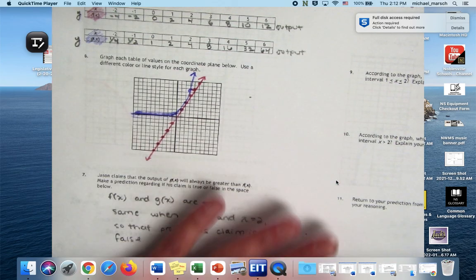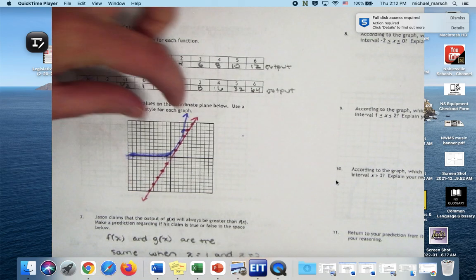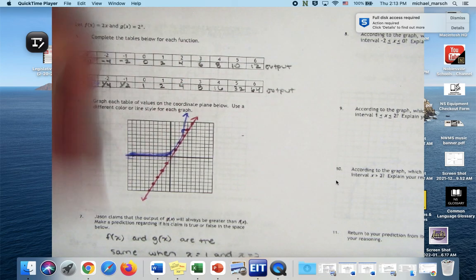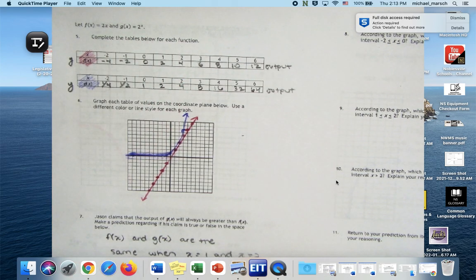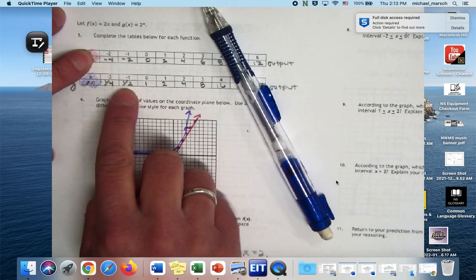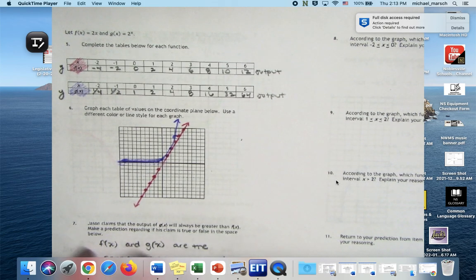Okay. According to the graph, which function has a greater value over the interval -2 to 0? So which graph has a greater y value between -2 and 0? So if I'm looking at the -4, -2, 0, 1/4, 1/2, 1, which one has a greater value? Yeah, the purple one.